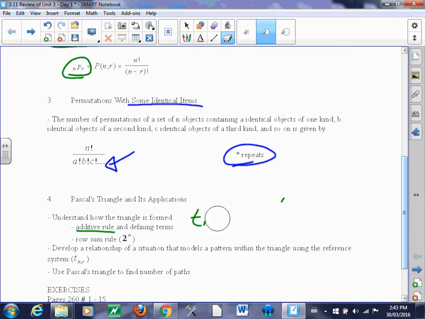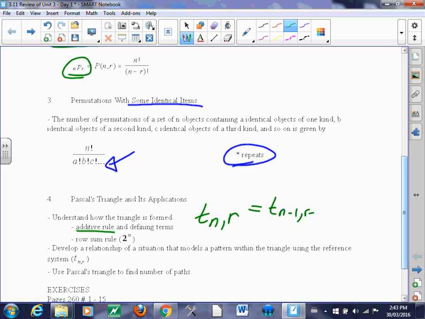Let me back that up. t(n, r), so whatever row and number you're looking for, is t(n-1, r-1) plus t(n-1, r). So if you're in the triangle here, you've got this value here, you're looking for the one above to the left and above to the right, and you add them together.